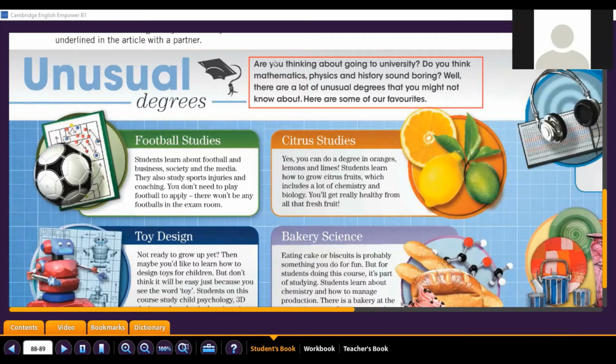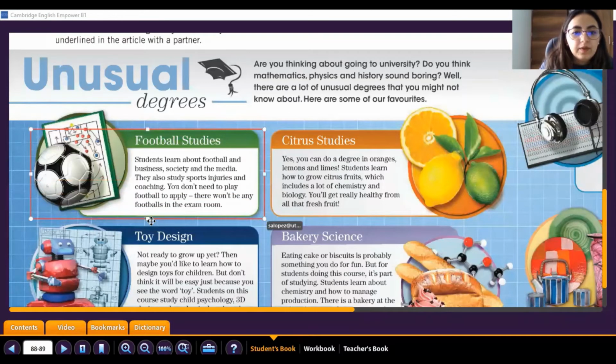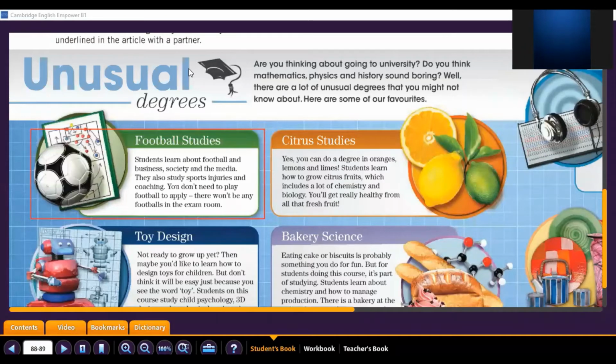Vamos a ver algunos de los favoritos. Let's see. This time I'm going to ask Mateo Garces to help me reading the first one. Football studies. Students learn about football and society, and the media. They also study sports, injuries, and coaching. You don't need to play football to apply. There won't be any footballs in the exam room.